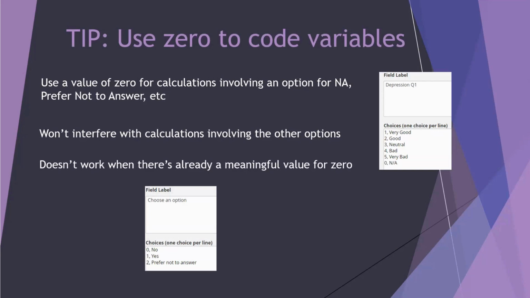In these cases, the calculation might have to be done outside of REDCap because it's more important to keep the values consistent. You wouldn't want the value of 0 to represent no in one yes or no field, and then have another value for no, like 2, when the yes or no question requires an option for prefer not to answer.